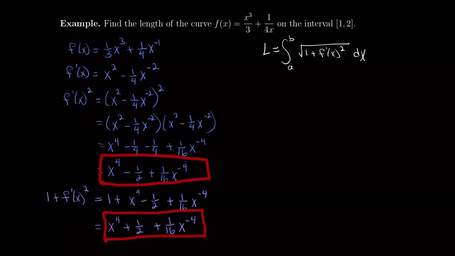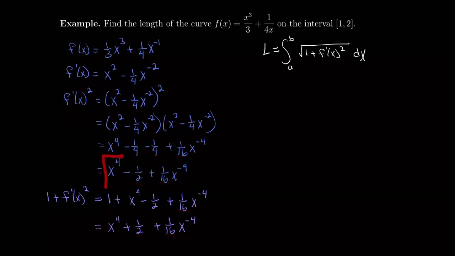Take a look at those two boxed things. Those look very similar. The only difference between f prime squared and 1 plus f prime squared is the first one has a -1/2 and the second one has a +1/2. That's the only difference between those two.